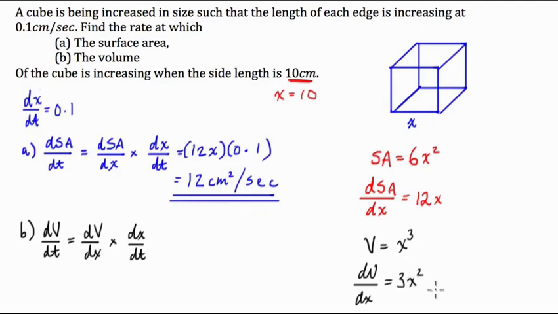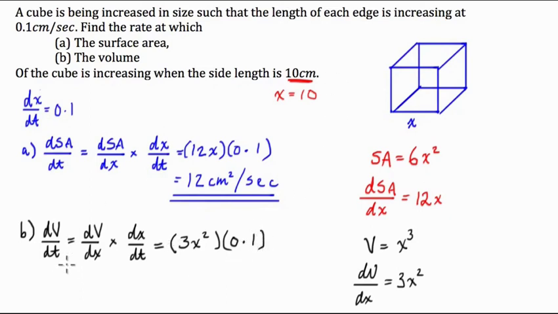Cool. So what we can do then is substitute this into here. We have our dV/dx is 3x squared. We know our dx/dt is 0.1 from the question.